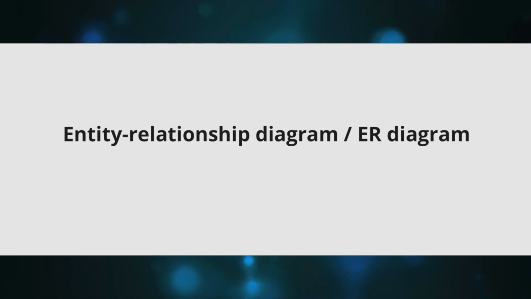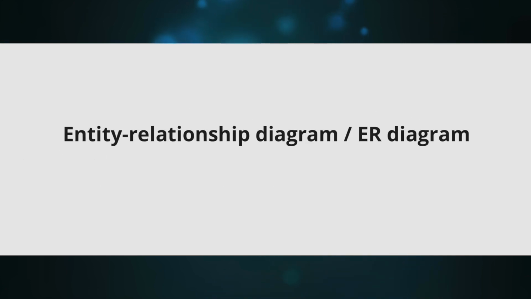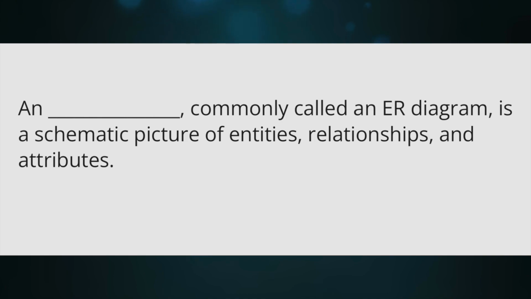So an entity relationship diagram, commonly called an ER diagram, is a schematic picture of entities, relationships, and attributes. I'm sorry, I follow this. I didn't make this flashcard. I think it's a good one. It's been mentioned a lot for this class, and I didn't write it. I study it.